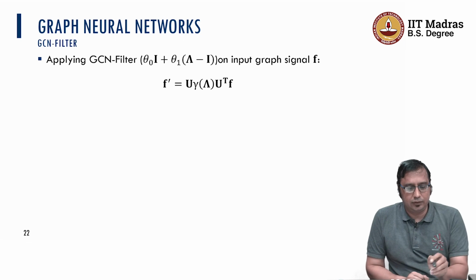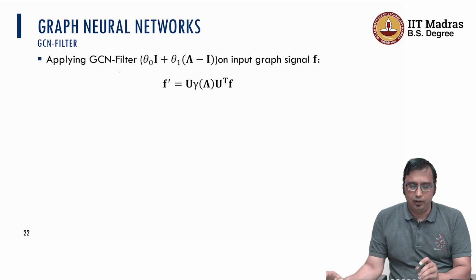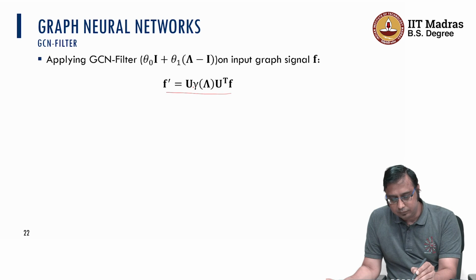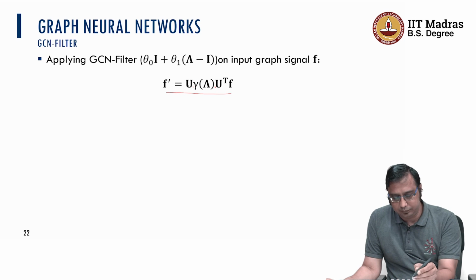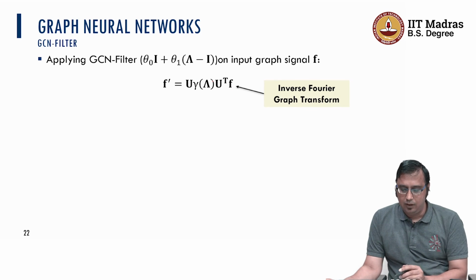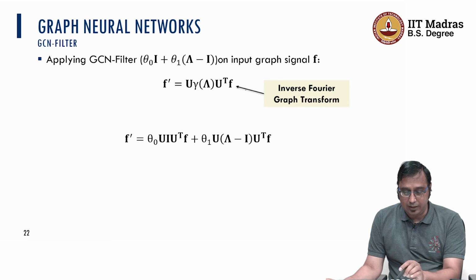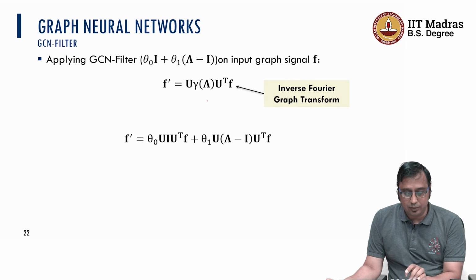Now let's apply this GCN filter on our graph signal, which is the input graph signal, and recall how we have done this, keeping some of this as it is instead of the alignment-wise form. You can apply it like this, which basically gets us to the inverse graph Fourier transformation. So we are going to use this gamma lambda in this particular equation.